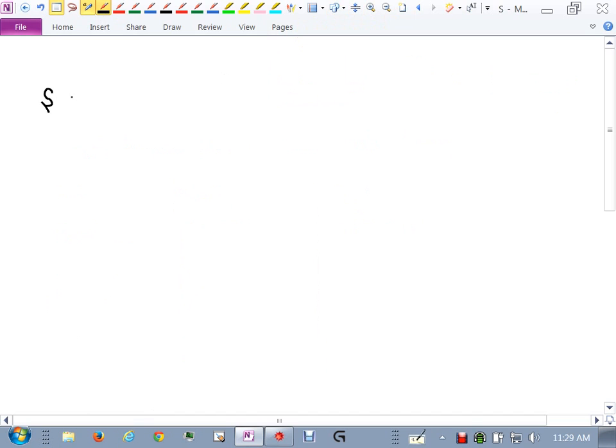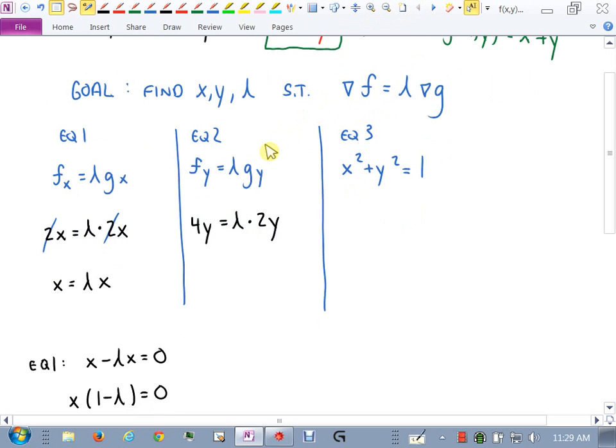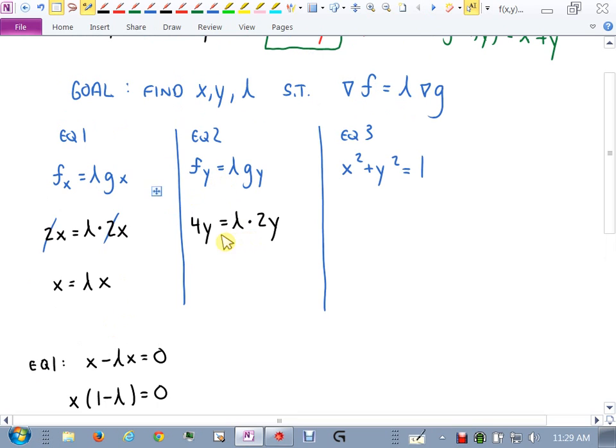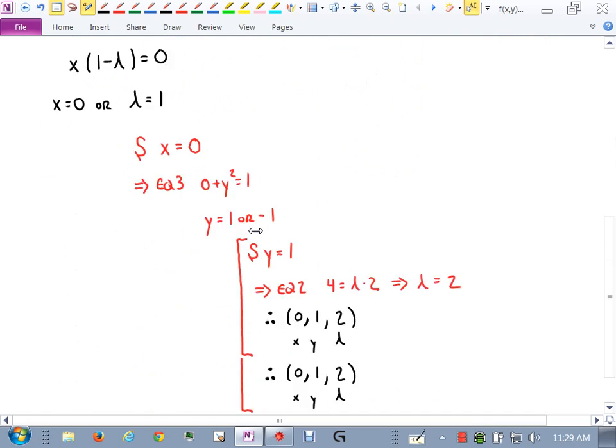Suppose lambda equals 1. Well, I know that if lambda was 1, that was supposed to get me the first equation to be true, right? So the first equation is satisfied if lambda is 1, because that's where it came from. What does lambda being 1 here mean? That 4y must equal 2y, right?